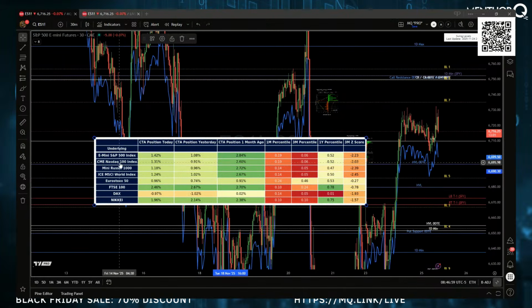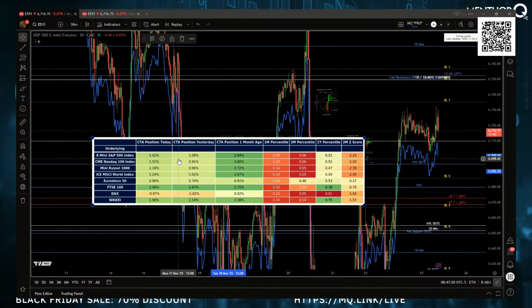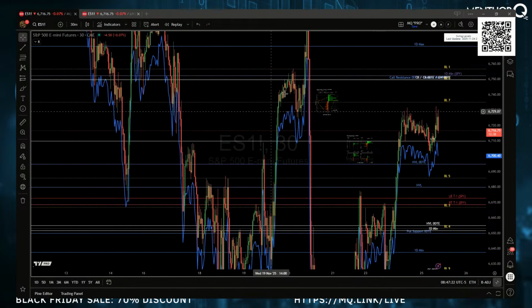Nasdaq, NQ, the same, 0.9 to 1.3%. This is a really good tip. Also, we can look at DAX. It is also turning around and growing to a positive value, which is telling us we have good news, good vibe of the market.